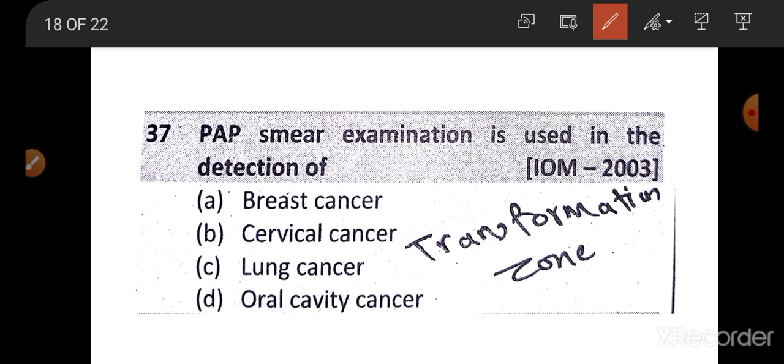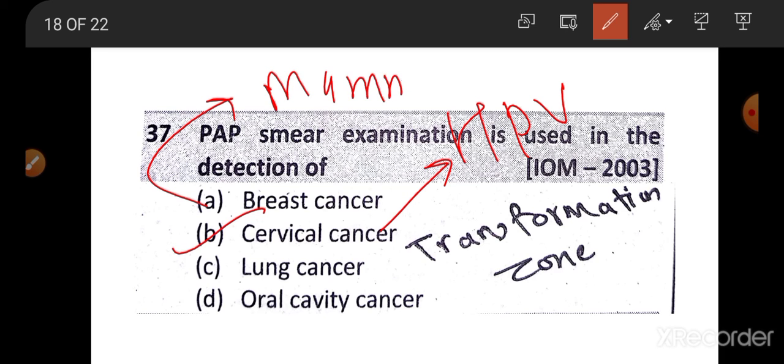Pap smear examination is used in the detection of cervical cancer, which is caused by HPV, human papilloma virus. Screening test of breast cancer is mammogram. That is biopsy of breast.